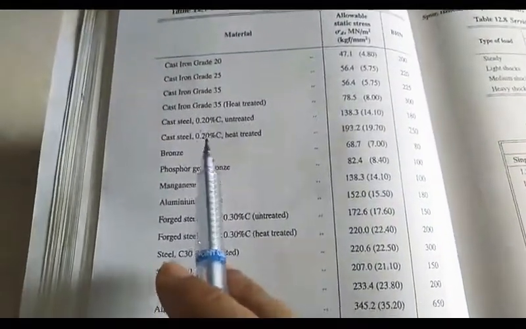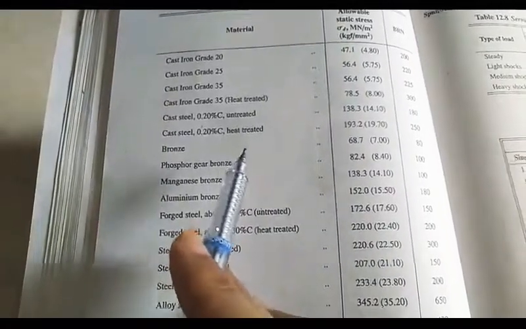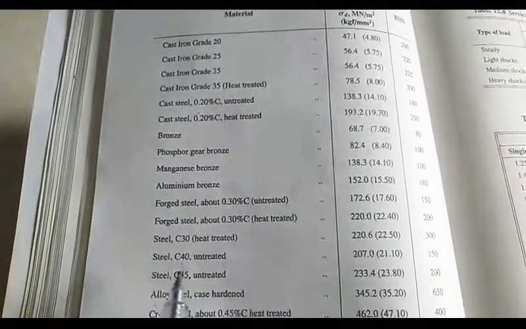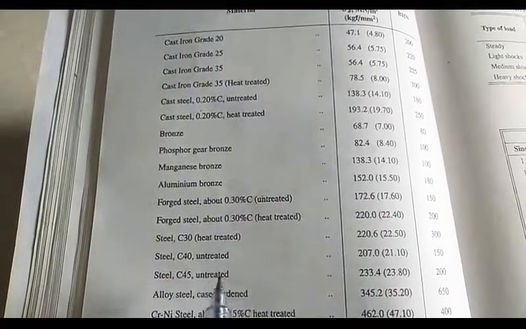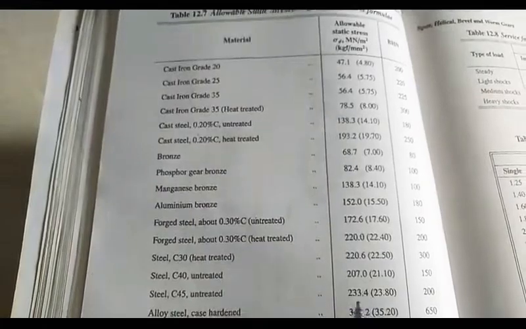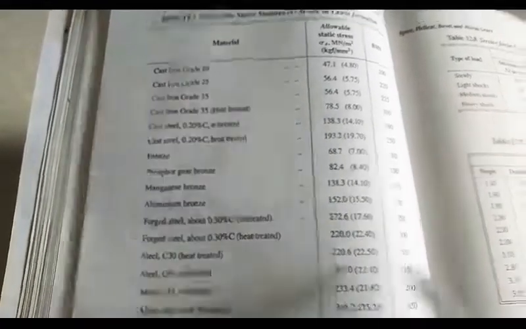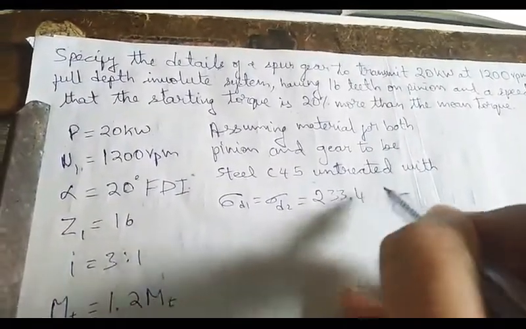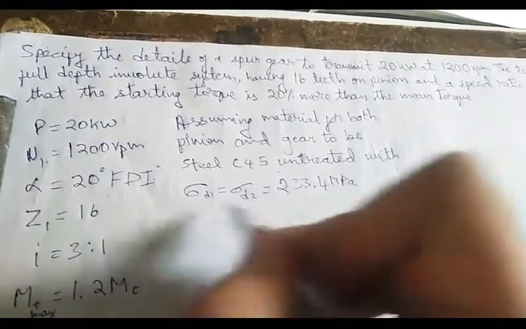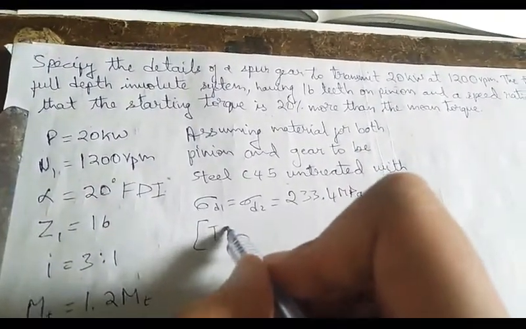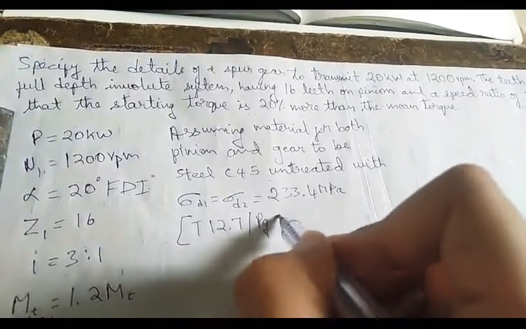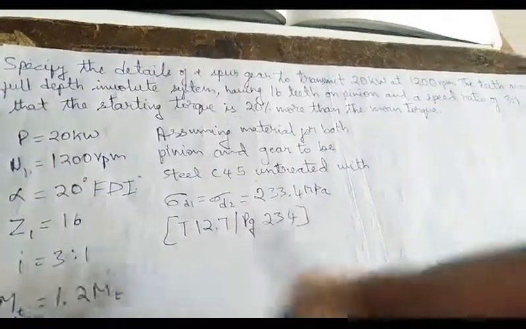So we are going to assume cast steel or steel C45 untreated, and the allowable stress is 233.4 MPa. This is from table 12.7, page number 234.